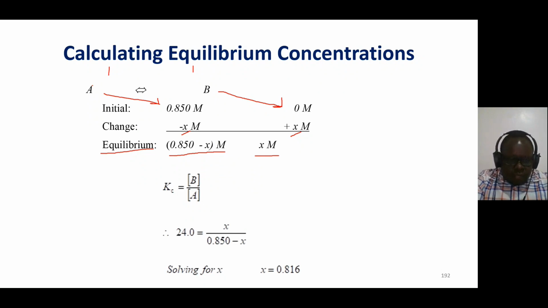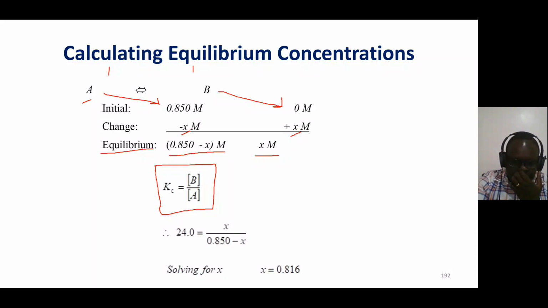So the equilibrium constant expression for this is given by Kc equals the concentration of B divided by the concentration of A. So if we put in our values here, that is the expression for equilibrium concentration of A and equilibrium concentration of B, and the value of Kc, then we end up with this expression here.